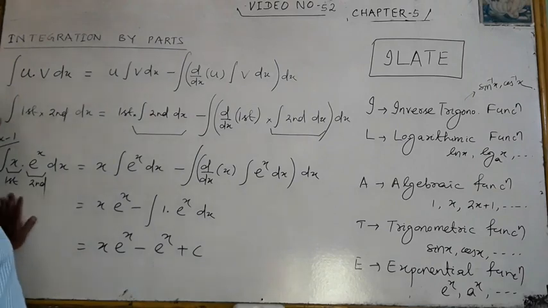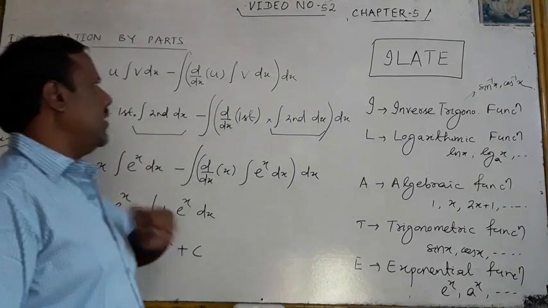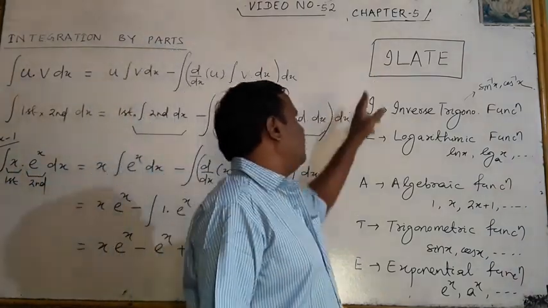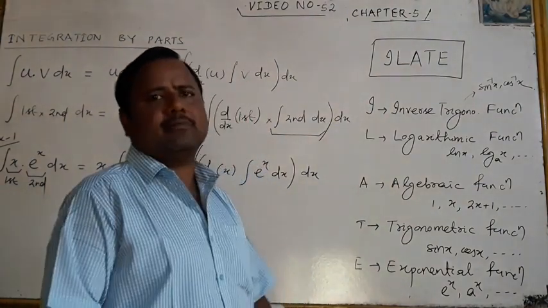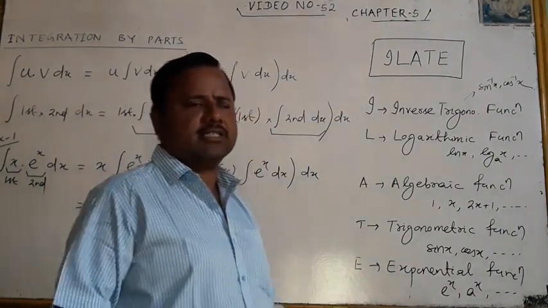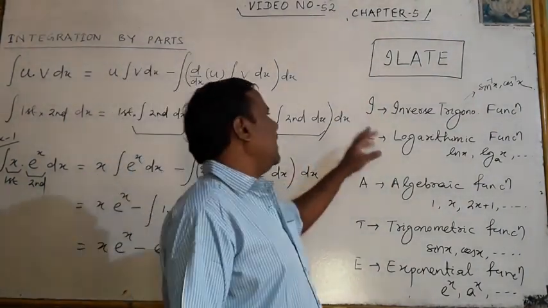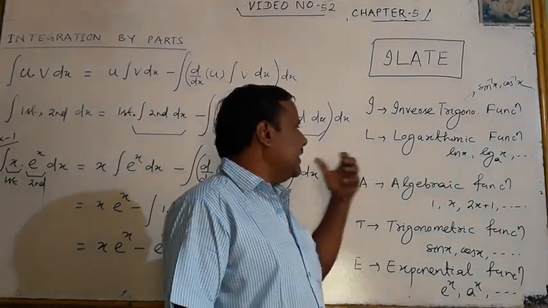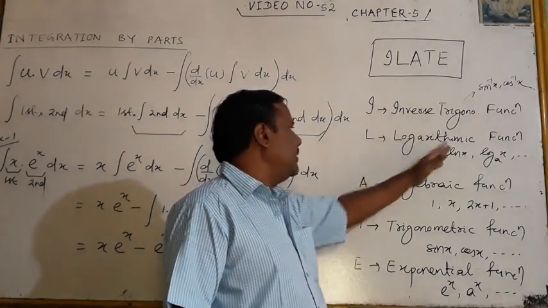To know which one is the first function and which is the second function, I am giving you a fantastic formula. That is ILATE. I means inverse trigonometric function, that is sin inverse x, cos inverse x, tan inverse x, and so on. L is a logarithmic function, ln x, log x with base a, etc. It means a log will be there.